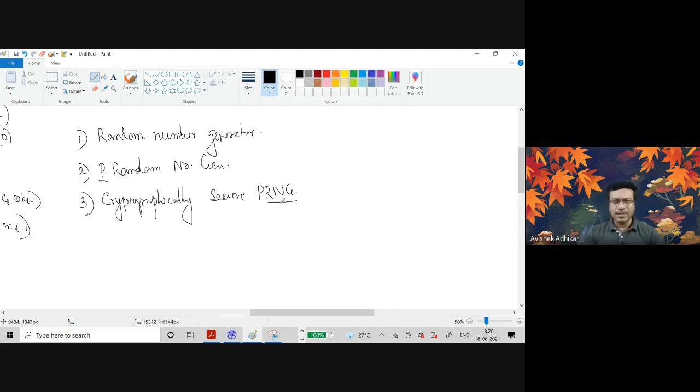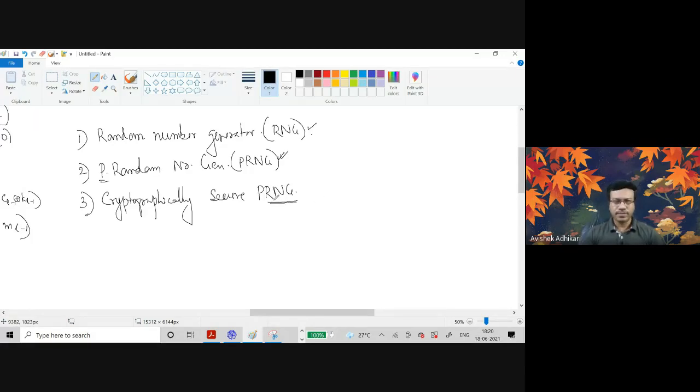So RNG and PRNG are very well known in the crypto community. So this is known as PRNG, pseudo random number generator. Sorry, RNG, random number generator. So: random number generator, pseudo random number generator, and then cryptographically secure pseudo random number generator.